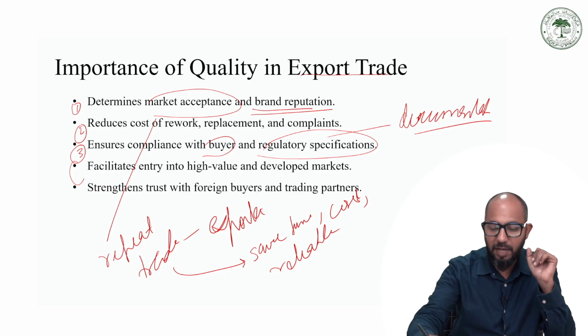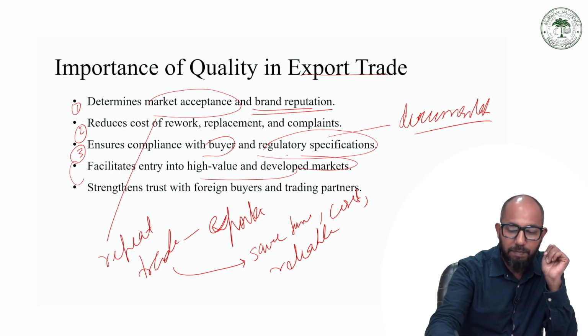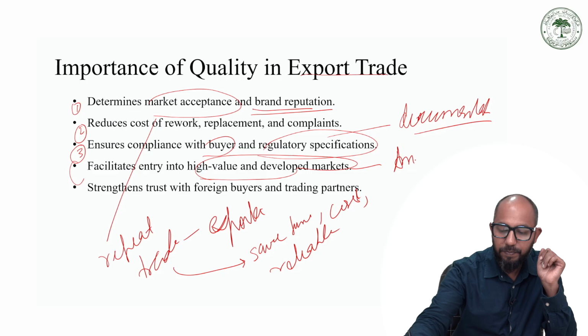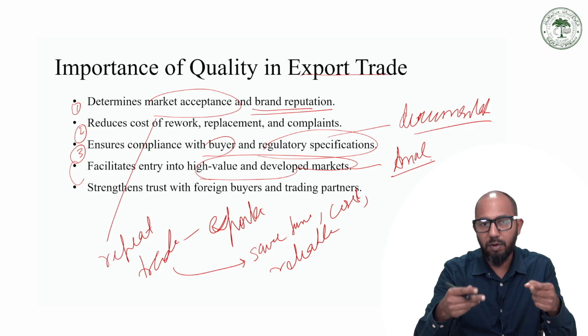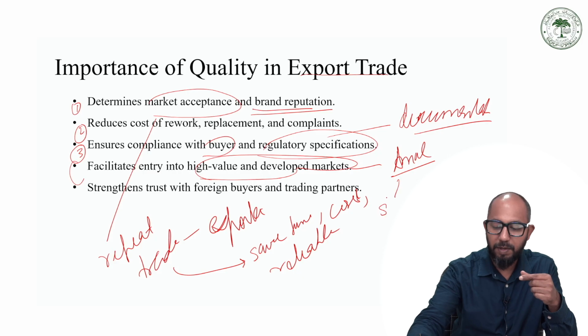We can take the example of Amul in this high valued and developed market. Amul has recently gone to the European market and it has launched its milk in Spain.